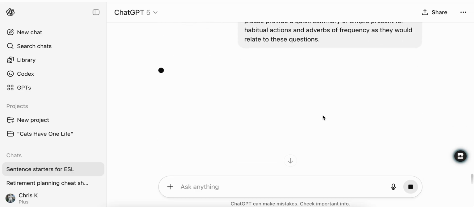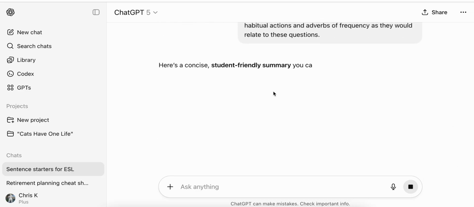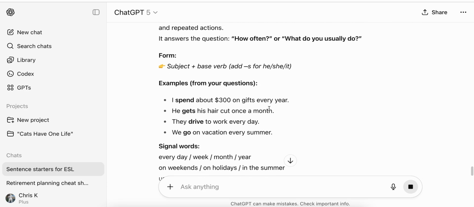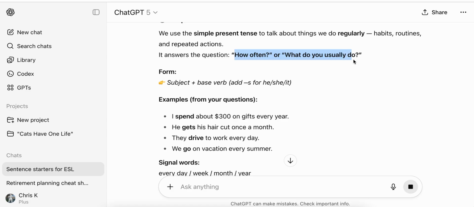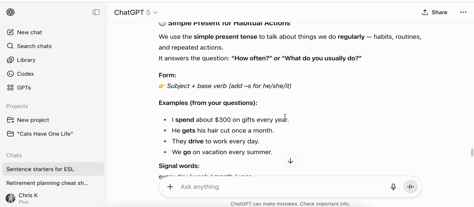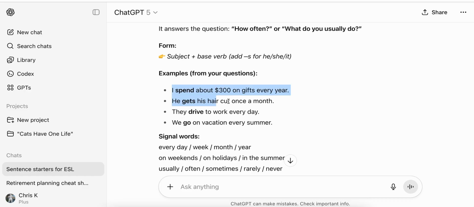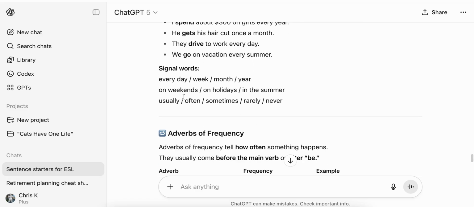Okay, so that's my bad. Okay, so how often and what do you usually do? Okay, so simple present for habitual actions, and then it's focusing specifically on our topic, which is spending money, vacations, and so on, spending habits.